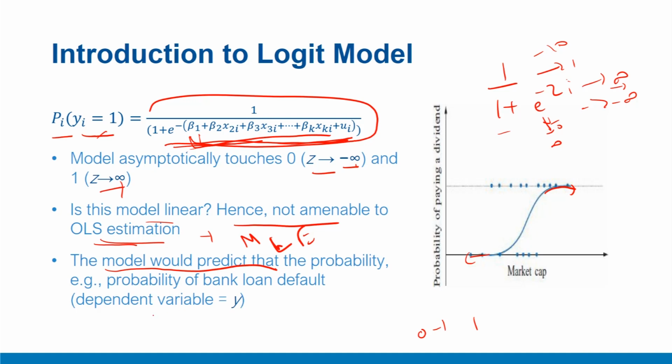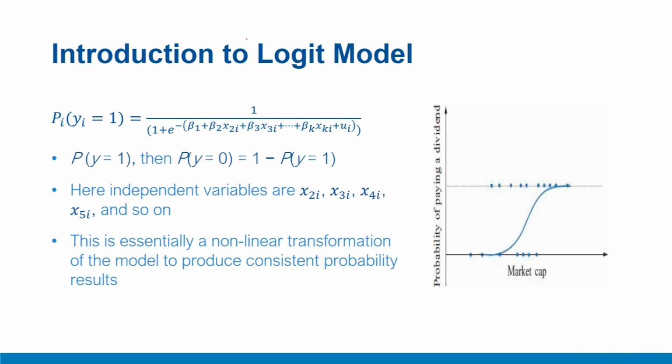For example, we can take the example of a bank loan default, let's say default is y equal to 1, where yi is our dependent variable, which is the probability of default. So this model would predict the probability that yi takes a value of 1. So now that we have said that the probability of y equal to 1 is the probability of interest, let's say the probability of default and so on, the probability of non-default can be easily estimated as 1 minus the probability of default.